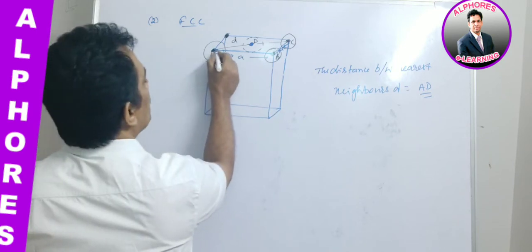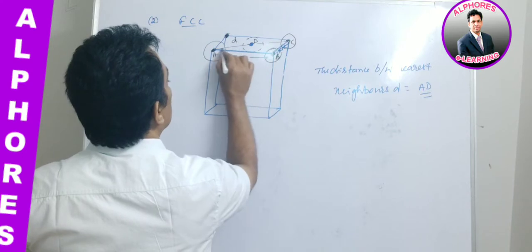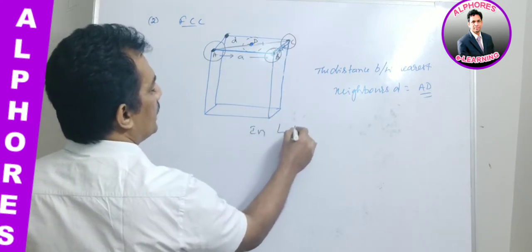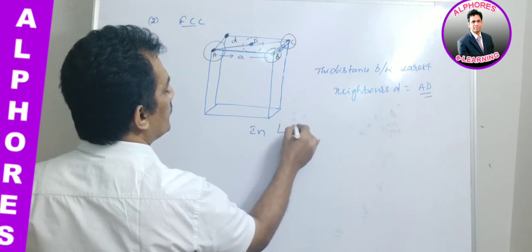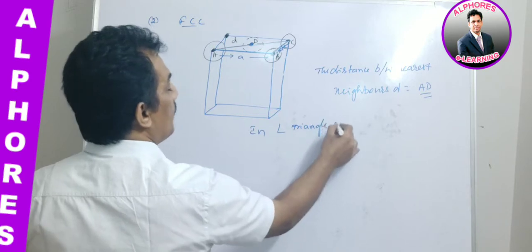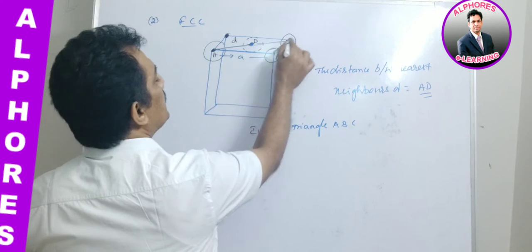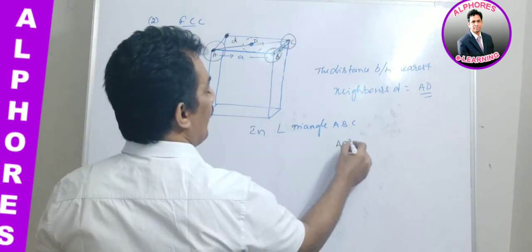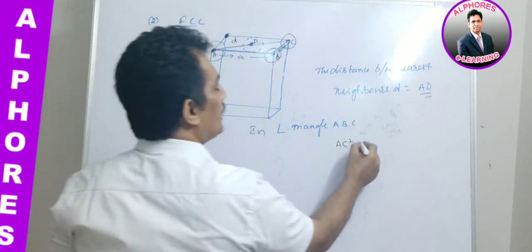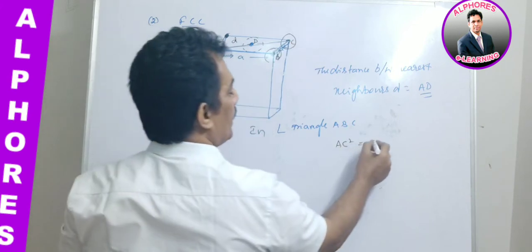And now let us assume the right angle triangle ABC. In right angle triangle ABC, the distance AC square from this one to this one is equal to AB square plus BC square.